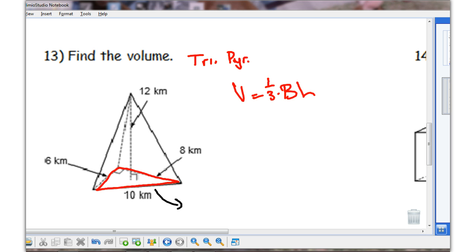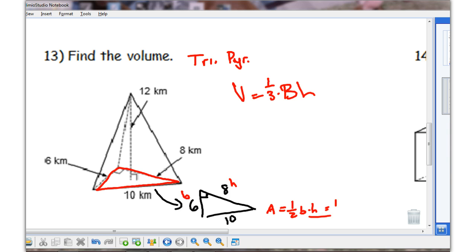Now I'm going to redraw this bottom triangle, because that's what I have to find the area of. This isn't a great picture, but it's a right angle. We have 6 over here, and 8 over here, and 10 over here. To find the area of that triangle, we're going to do 1/2 base times height. And the base is 6 and the height is 8. Whenever you have a right triangle, the legs of that right triangle are that base and height.